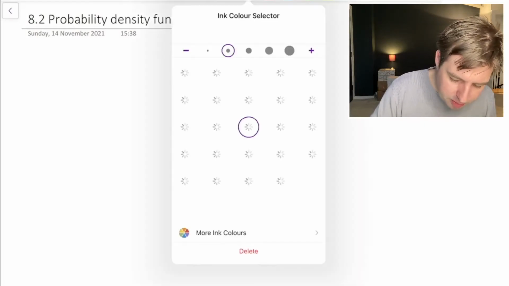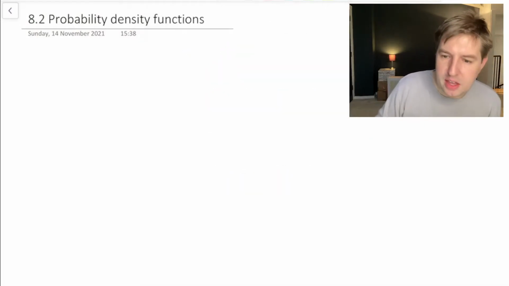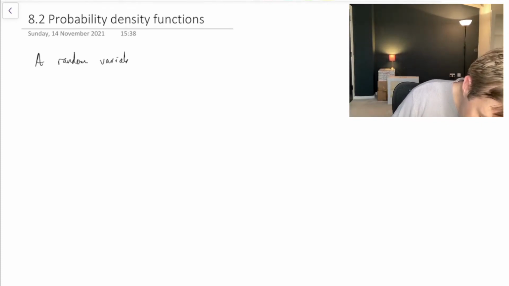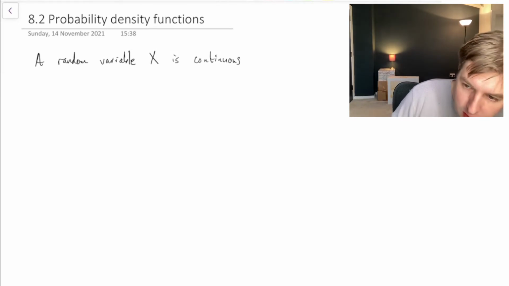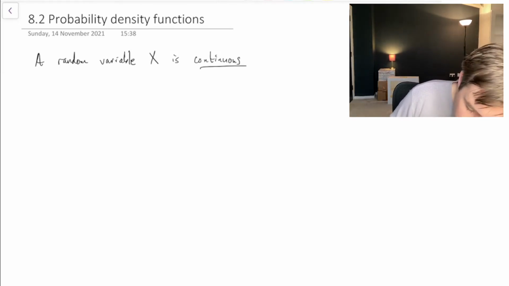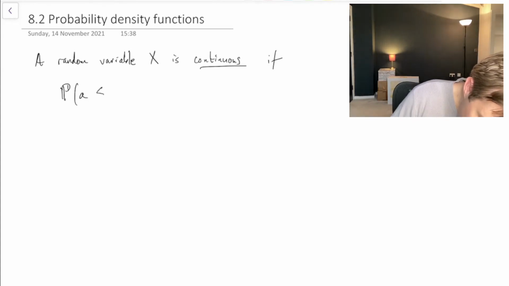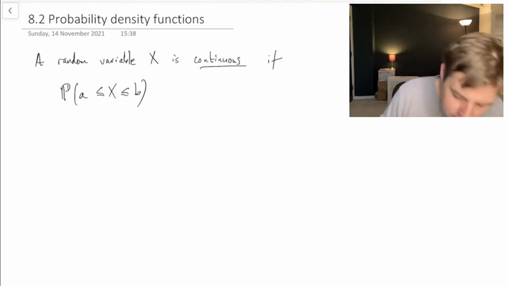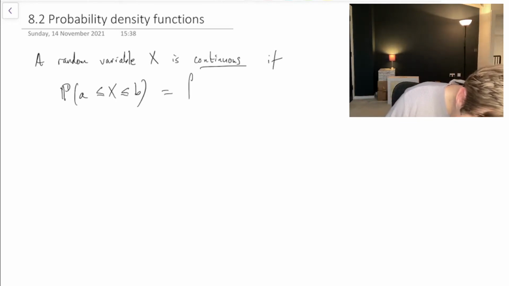So what happens is we say that a random variable X is continuous if the probability that its value is between a and b, for any real numbers a and b where a is smaller than b, can be written like this.